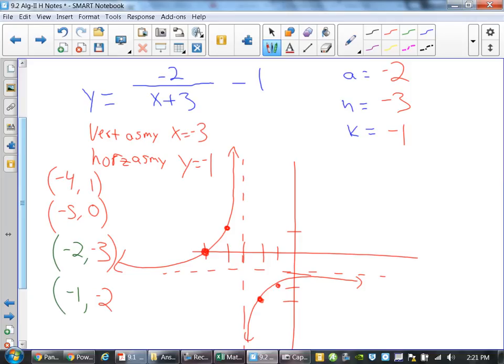What's your domain? What can't x be? 0. No, x can do 0. It goes through the x axis. x can't be -3, so that means my domain is all real, x not equal to -3.